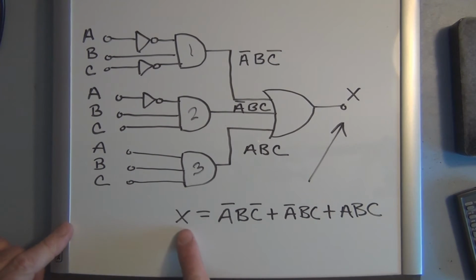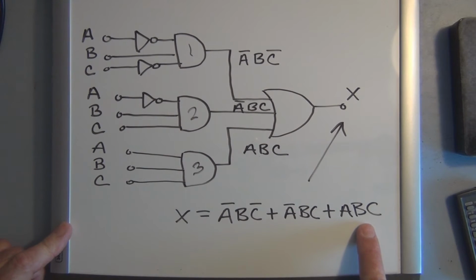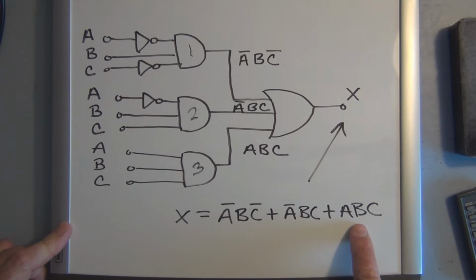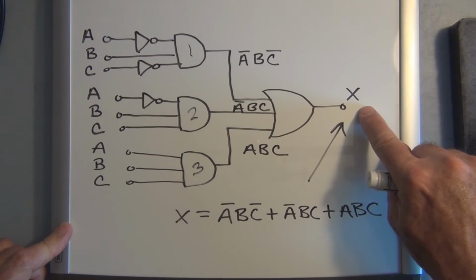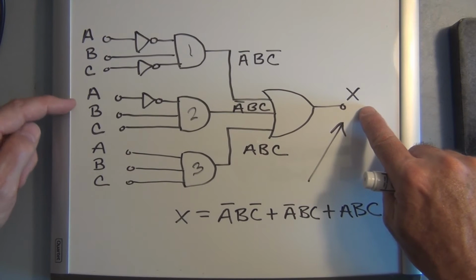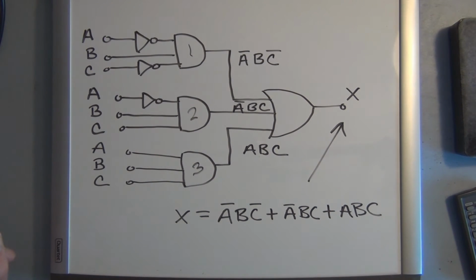But once we end up with a Boolean expression, we can apply the rules of Boolean algebra and the theorems to simplify it. So we end up with a logic circuit that will produce the same logic 1 value for each of these cases, but will use fewer logic gates.